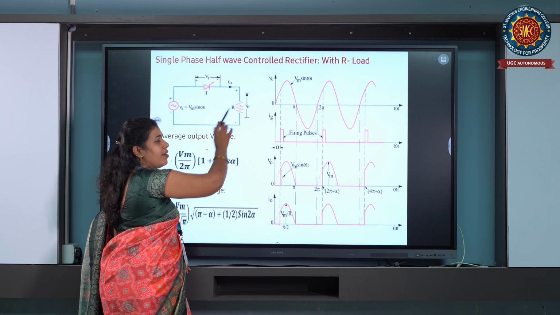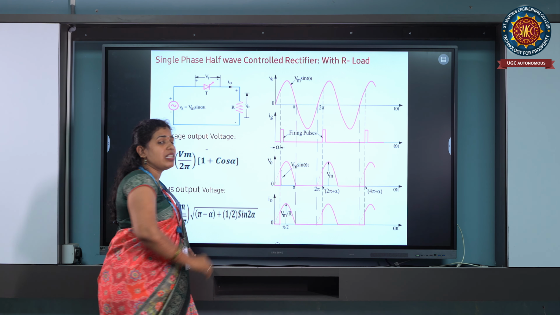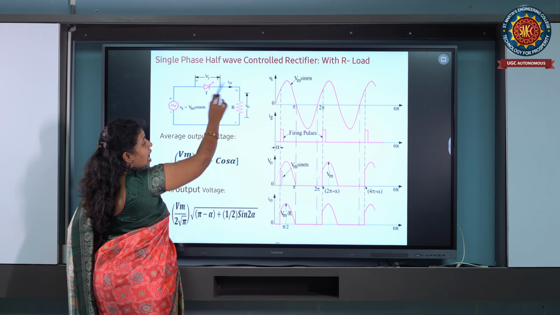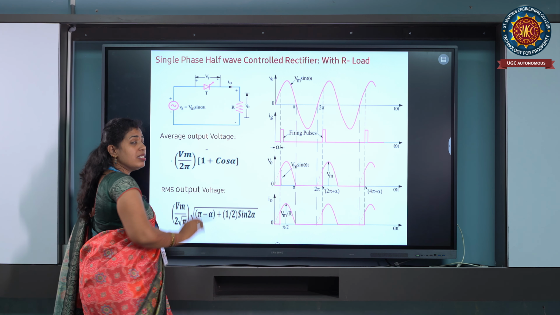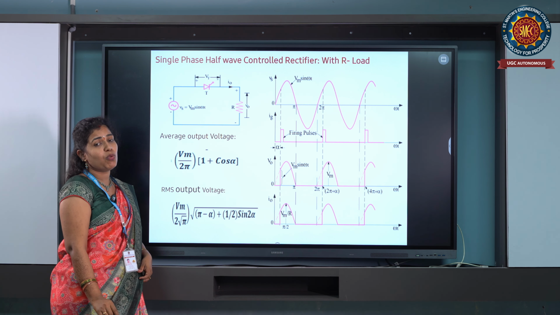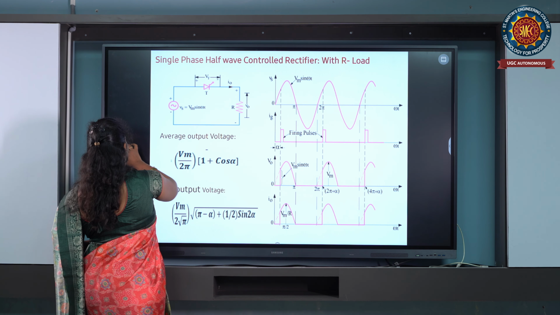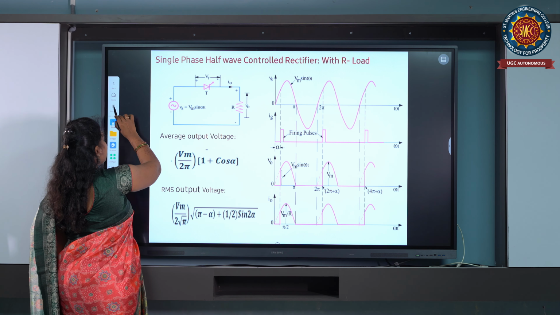The voltage appearing across the load is called V0, the output voltage, and the current flowing through the load is the output current I0. The voltage appearing across the thyristor is called VT. When the thyristor is in the off state, only then will the voltage appear across the thyristor.